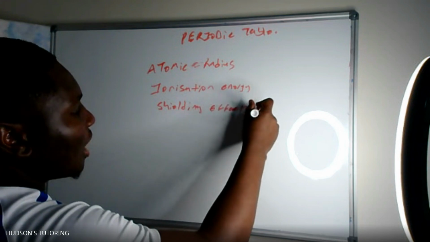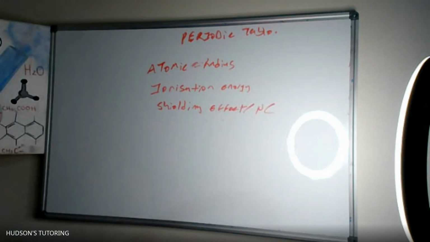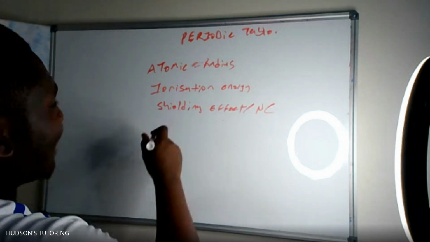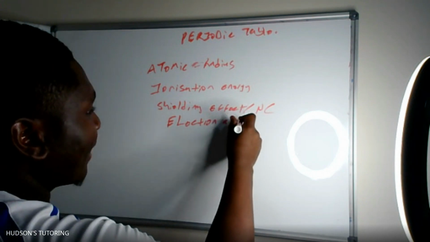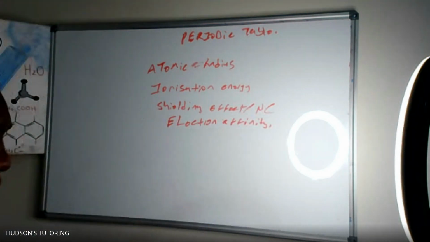I'm going to put NC for nuclear charge. And then we have electron affinity or electronegativity. All of these parameters are going to help us explain what really takes place in the periodic table, why this species is more reactive than the next, and so forth.